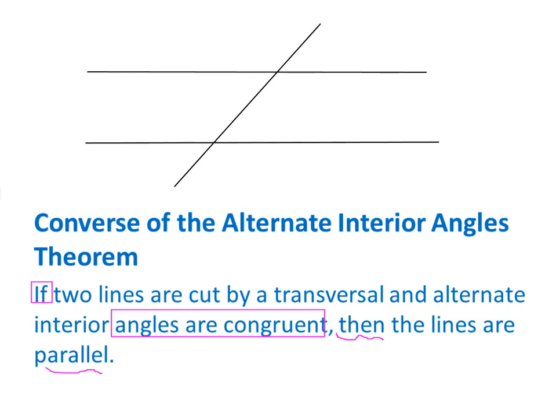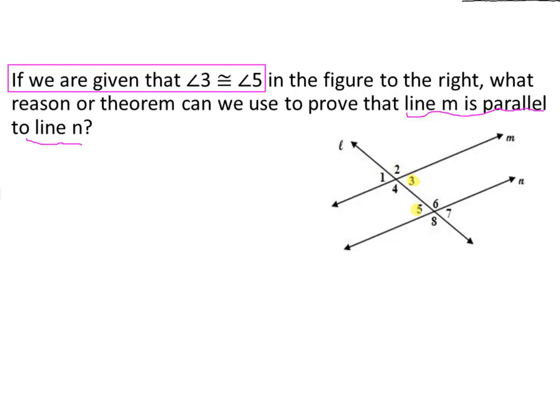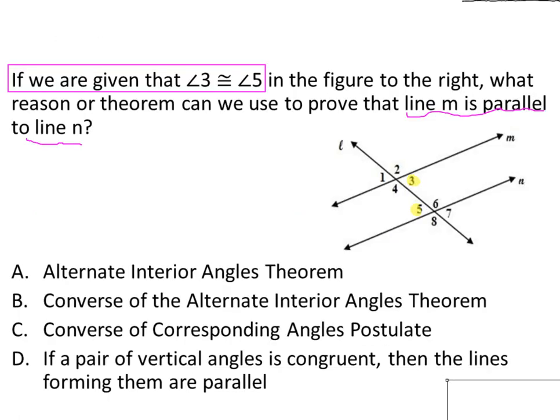But if we're able to prove that the alternate interior angles are congruent, then we know that the lines must be parallel. So this is called the converse of the alternate interior angles theorem. So that is the theorem that shows us that these two lines, M and N, are parallel.